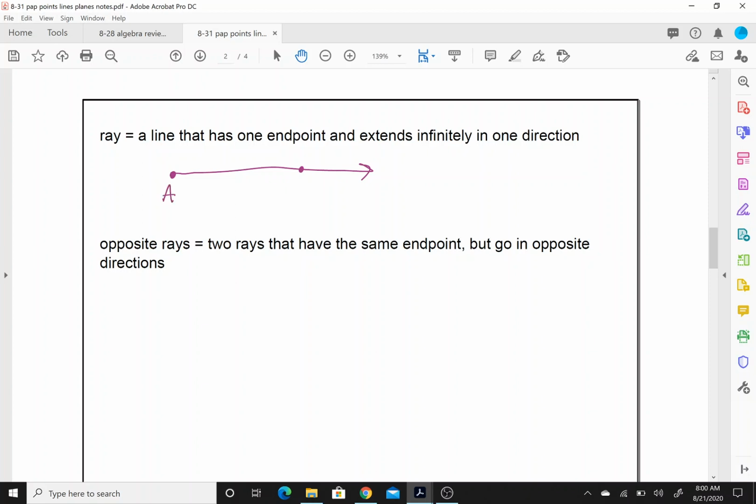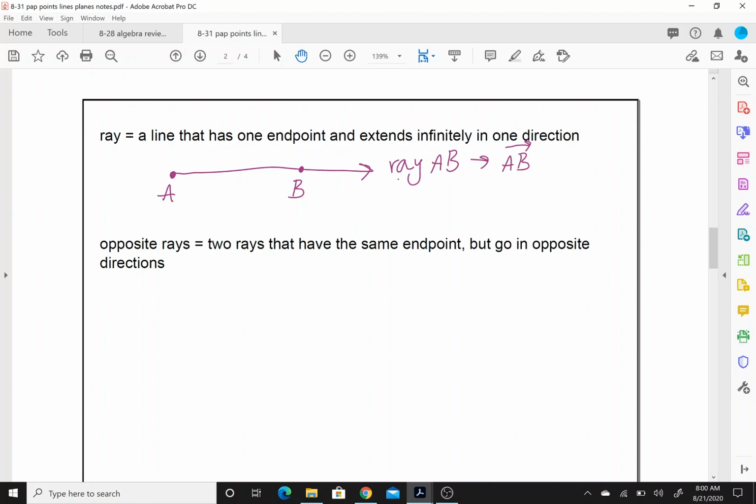So we can call this A and B. So this ray would be named ray AB. But really, you should write the 2 letters and then you put the symbol for a ray, and it's one arrow that's always pointing to the right. It's only got one arrow. So an arrow pointing to the right makes a ray.